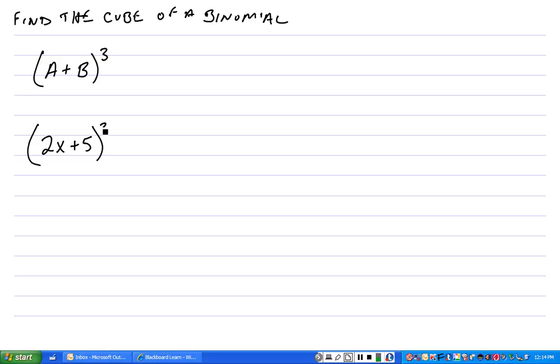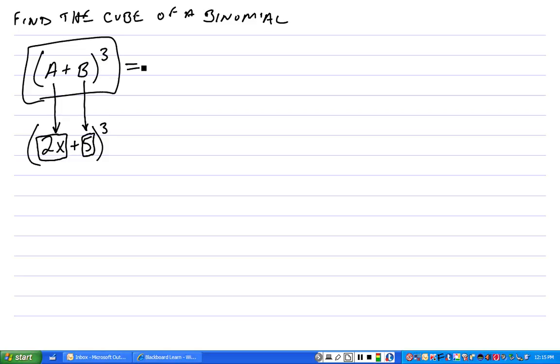Now, the form that you see here, (a + b) cubed, simply wants you to understand that a is just the first term and b is the last term in the binomial. And there's actually a pattern that you can apply.